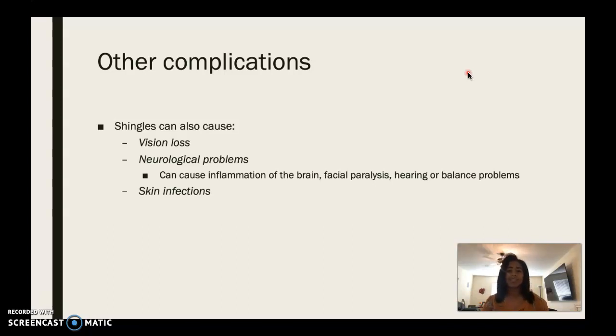So the rash on the face is very dangerous because of those problems. And they can also still experience PHN on their face. So the face rash of shingles is the most dangerous type. On the body, there can be skin infections, as well as on the face. But the body shingles rash is less severe, with a lower chance of severe complications.